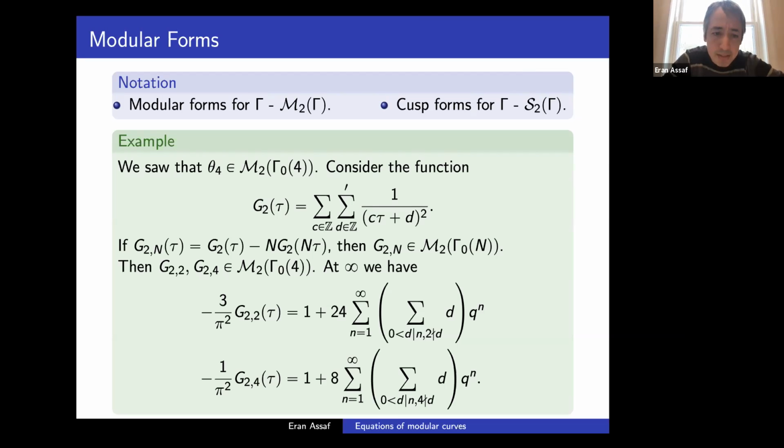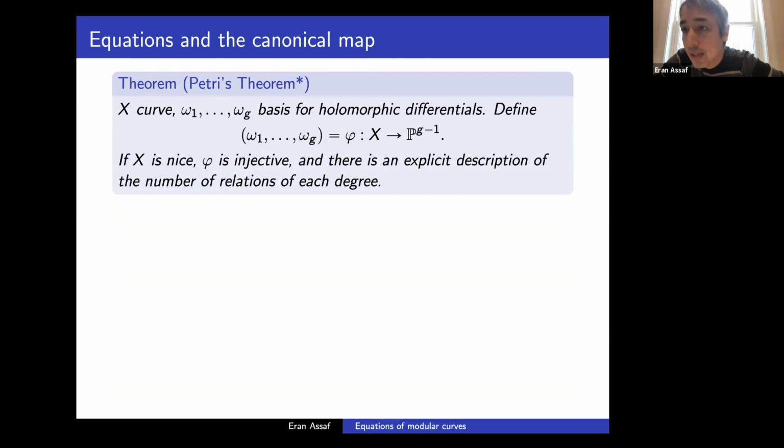That's as an aside. So why do we care about these modular forms, or differential one forms, the holomorphic differential forms? This is because of a theorem known as Petri's theorem, even though it's due to Noether, Enriques, Babbage, and many more mathematicians. If we have a curve and a basis for the holomorphic differentials, then they give us a map into projective space.